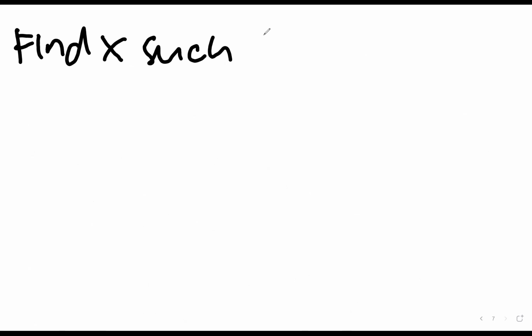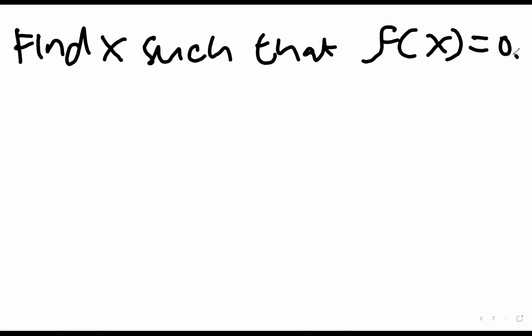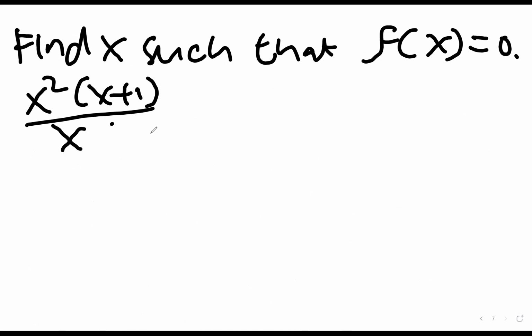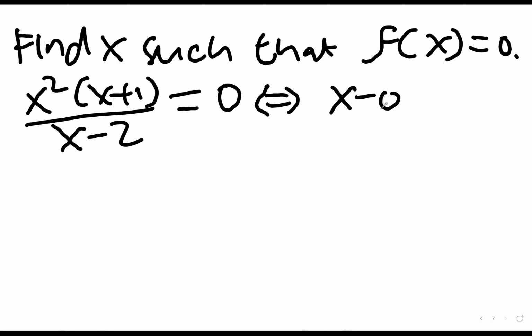So in this case, find x such that f of x equals 0. Now f of x equals x squared multiplied by (x plus 1) divided by (x minus 2), and this equals 0. The solution will be x equals 0, of course, since x squared equals 0, or x plus 1 equals 0, which gives x equals minus 1.